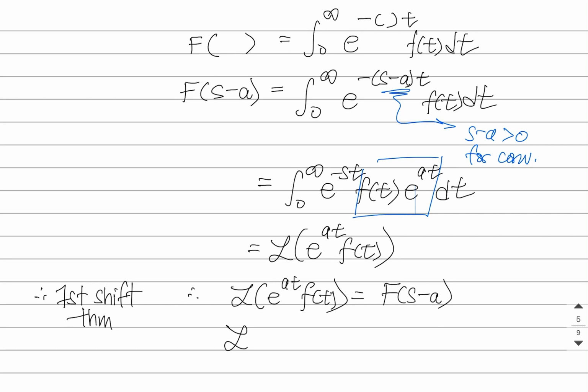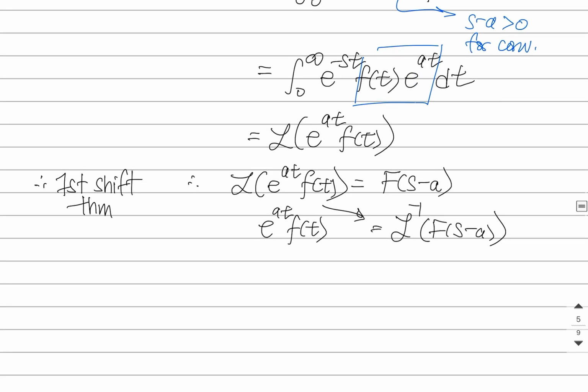Or the way that we had thought about it, just by using our regular old switcheroo, is that a shift in s space will translate to an exponential function multiplying in the t space.